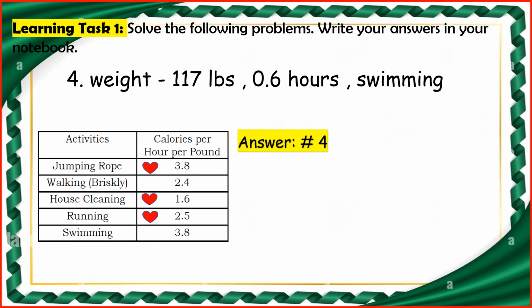Then let's move on to number 4. So we have the weight is 117 pounds and the hours is 0.6 hours and the activity is swimming. So let us solve. So 117 pounds multiplied by 0.6 hours.